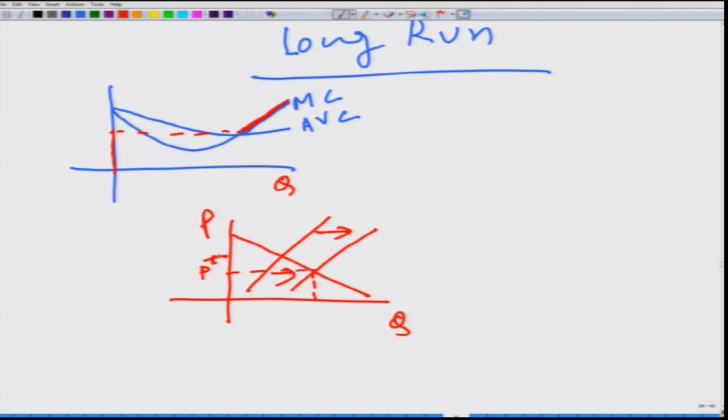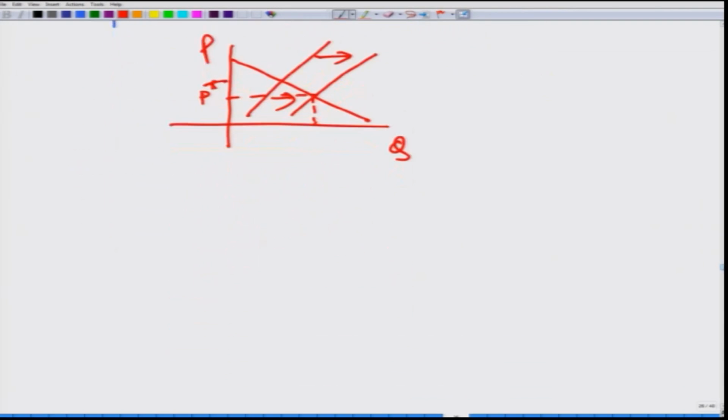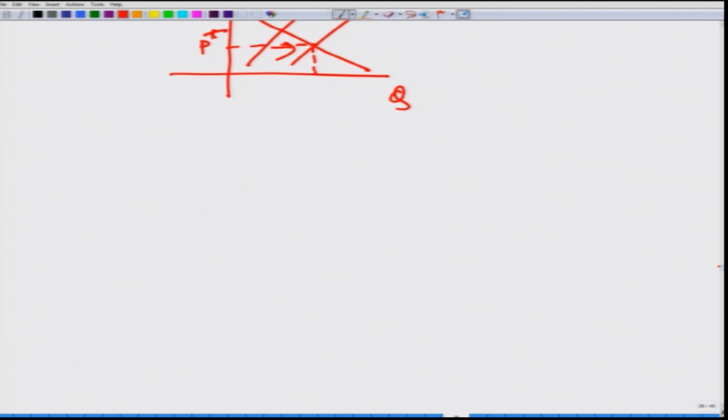Remember that we are talking about a perfectly competitive market. What it means is that all these firms take P star as given. They cannot influence this P star. Now, besides entry because of the profit incentive, or exit because of loss, there is another possibility in the short run: a firm which is present may want to change its level of capital.